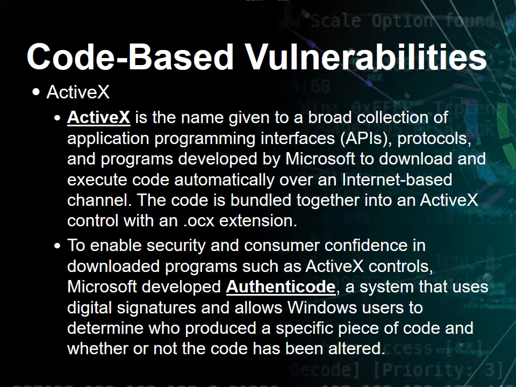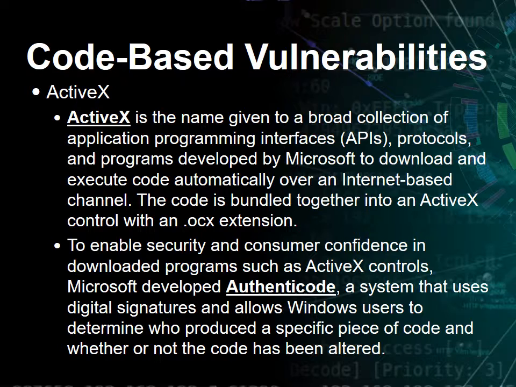ActiveX is the name given to a broader collection of application programming interfaces, or APIs, protocols, and programs developed by Microsoft to download and execute code automatically over an internet-based channel. The code is bundled into an ActiveX control with an OCX extension.